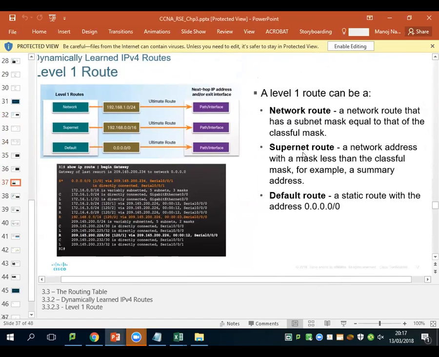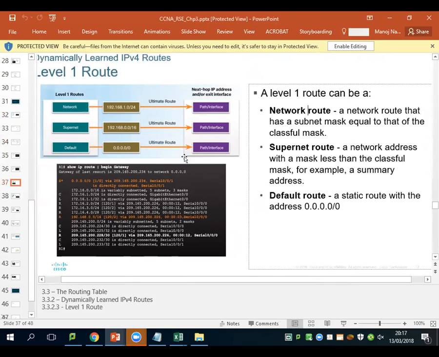So the different routes we have: a network route is one that has a subnet mask equal to that of the classful mask. What are the classful masks, folks? Remember those? The different class masks that we have? Class A, class B, class C. And what they mean, like your slash value. Those big numbers like 8, 16, 24, those big chunky ones, are where your classful routes are, because they're the easy ones to set up.